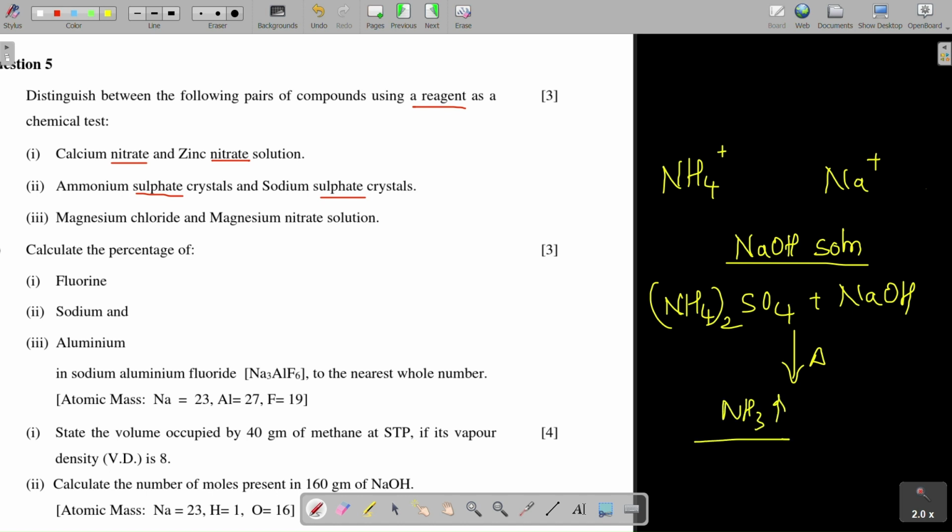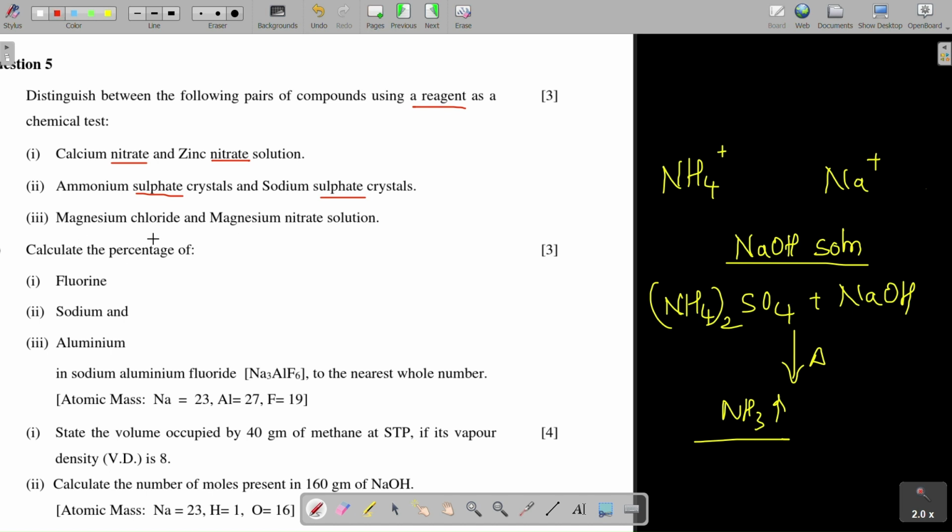Along with that, salt and water will be formed, but that's not important now. So ammonium sulfate crystals with sodium hydroxide solution on heating give ammonia gas, whereas sodium sulfate crystals do not evolve any gas with sodium hydroxide. This is how you distinguish between the two.